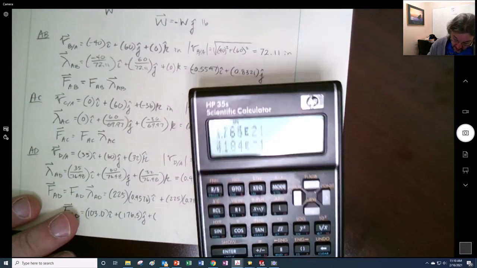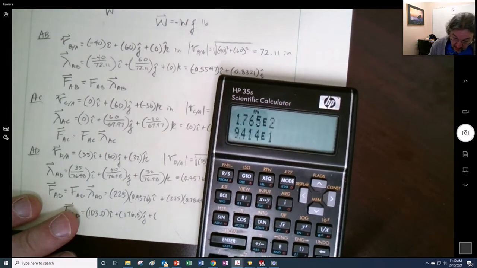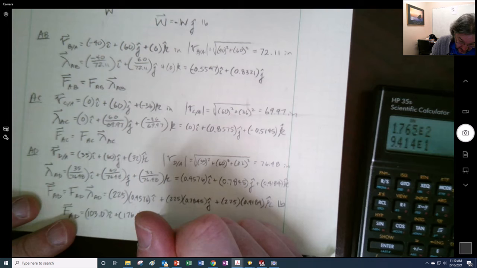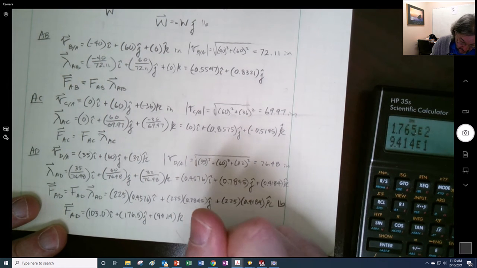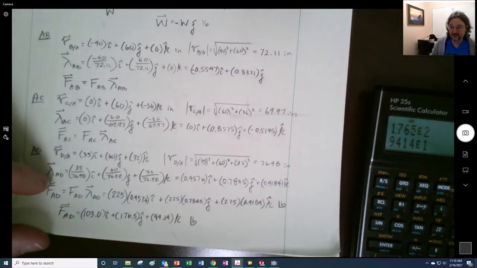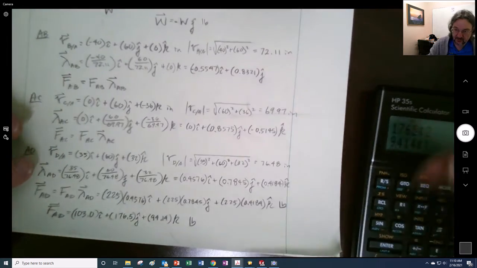So I can go 225, boom, and I get 94.14 K pounds. Those are little tricks that make that stack useful. All right, continuing on.